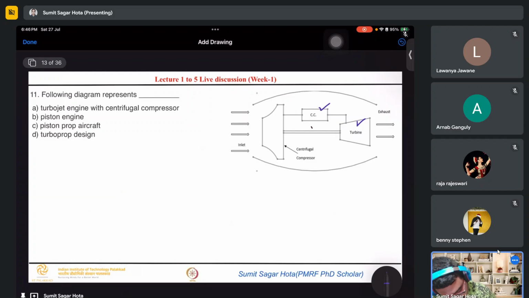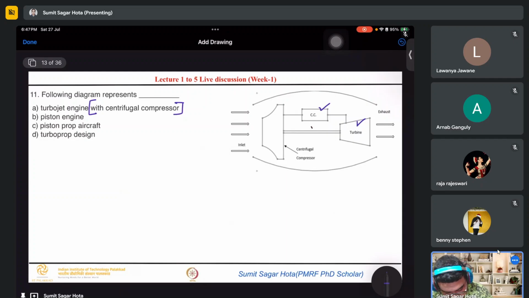This question is obviously very simple, because they actually retain this centrifugal compressor part. Maybe in your exam some questions will not be that straightforward. They mention on the right side centrifugal compressor, but they are not going to give centrifugal compressor in the option, then it will be a little difficult. Now it is centrifugal compressor, so obviously the other three options you had better leave, and this is the option.